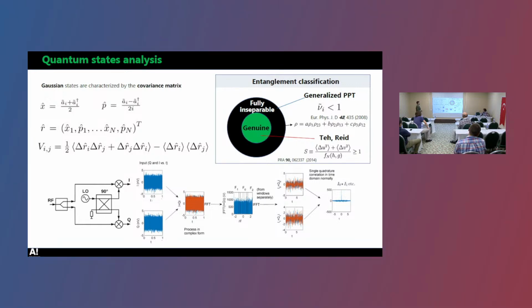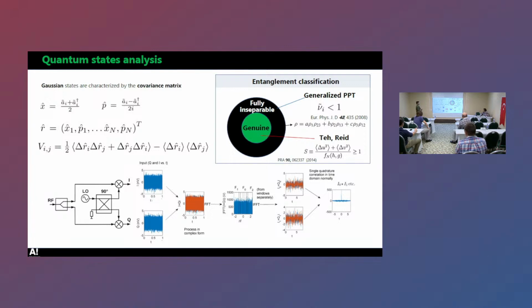And regarding the analysis, essentially these states, it was shown multiple times, and we also verified this, are Gaussian. So it means that we do not actually need to measure the whole density matrix to characterize these states rigorously, but we can just deal with the covariance matrix because we're really interested only in the pair correlations.